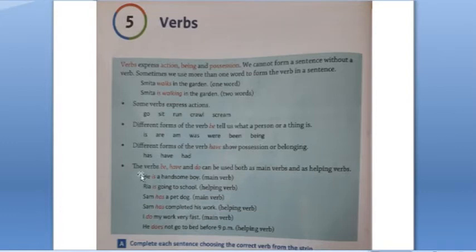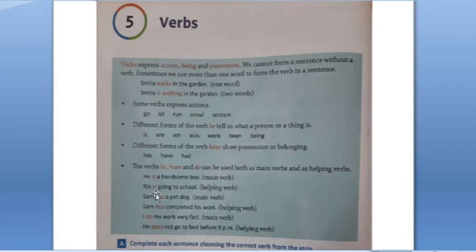The next thing is the verbs be, have and do can be used both as main verbs and as helping verbs. So here in this sentence, he is a handsome boy, the main verb is is.